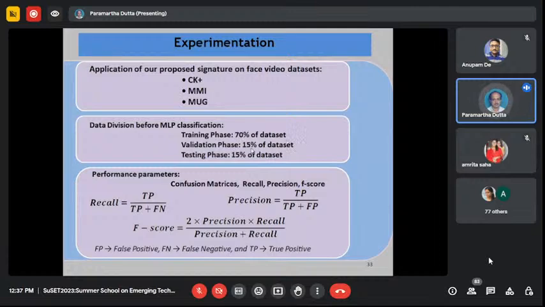It's a 70%, 15%, 15% distribution among the training phase, validation phase, and testing phase. Here there are other performance parameters used: recall, precision, and then F score. These are the respective formulae.